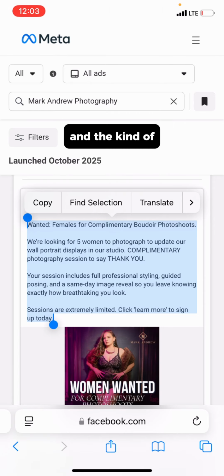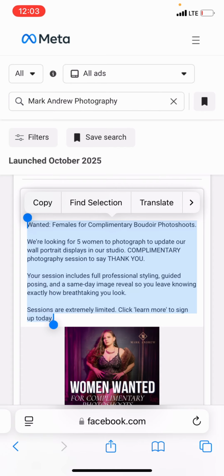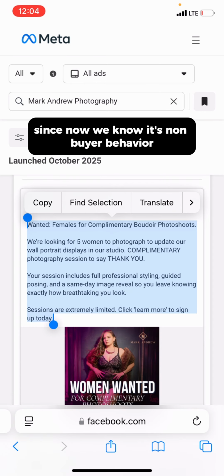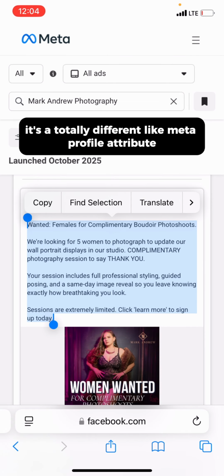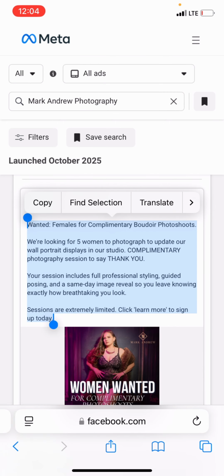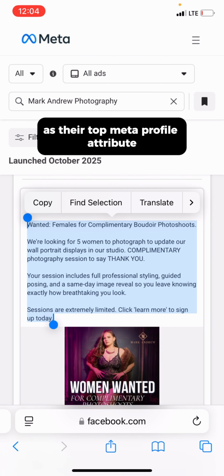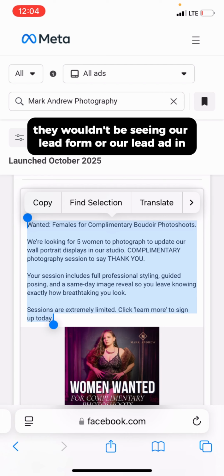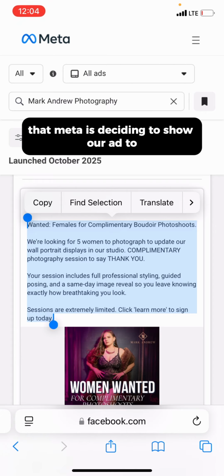And the final reason lead form fill-outs are a mistake is, since now we know lead form fillers show non-buyer behavior, it's a totally different Meta profile attribute. Because if they had dominant buyer behavior as their top Meta profile attribute, they wouldn't be seeing our lead form or our lead ad in the 6% slice of the population that Meta is deciding to show our ad to.